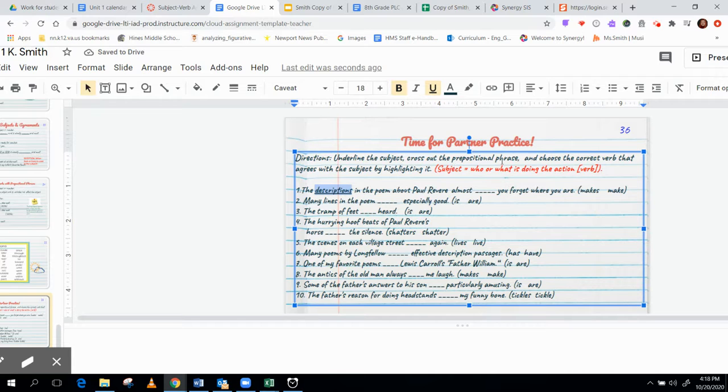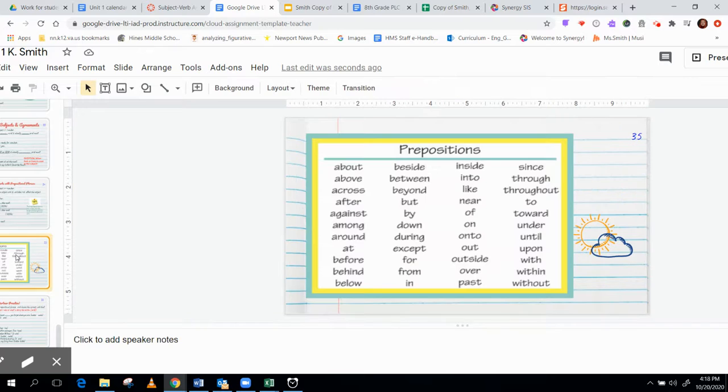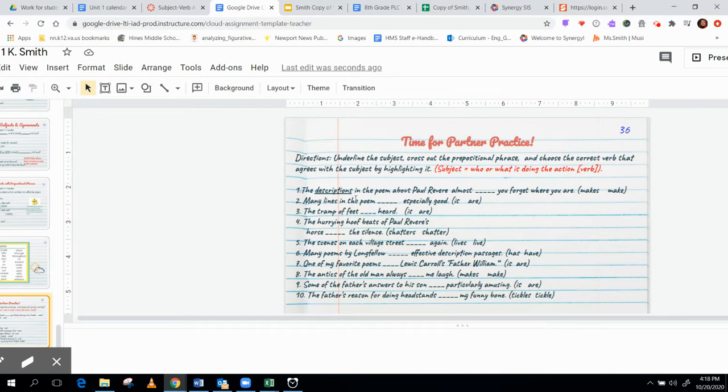Now I need to cross out the prepositional phrase. If I look back on my list, in is a prepositional word. In the poem about Paul Revere is my prepositional phrase. It starts with the word in. So I'm going to go over to this line icon and click on the drop down arrow.